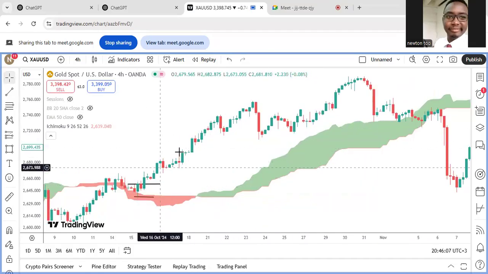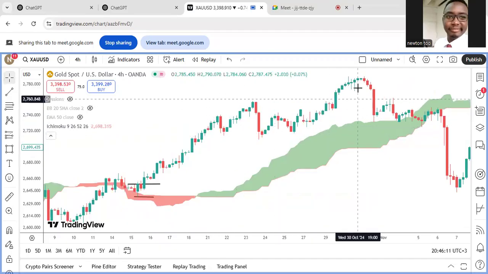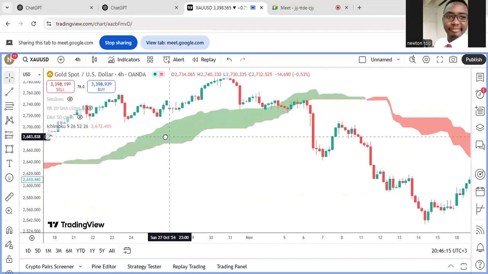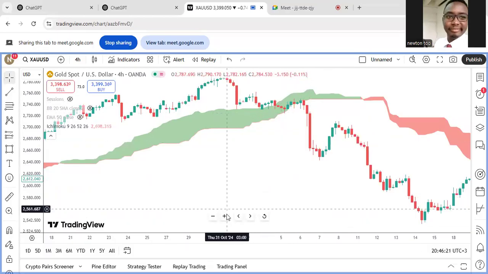See this one, it went down, then went up. Maybe you decided to close at your target. Then all of a sudden the market broke below the cloud.